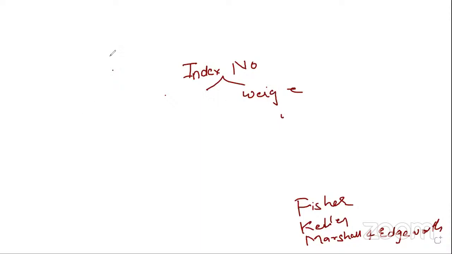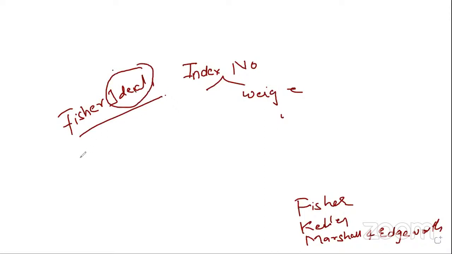Okay or no? Yes, sir. Then next is Fisher ideal index. For Fisher ideal index, remember one objective: Fisher ideal index is the ideal index because it passes the factor reversal test. I will explain what this is. Okay. Factor reversal test and time reversal test.